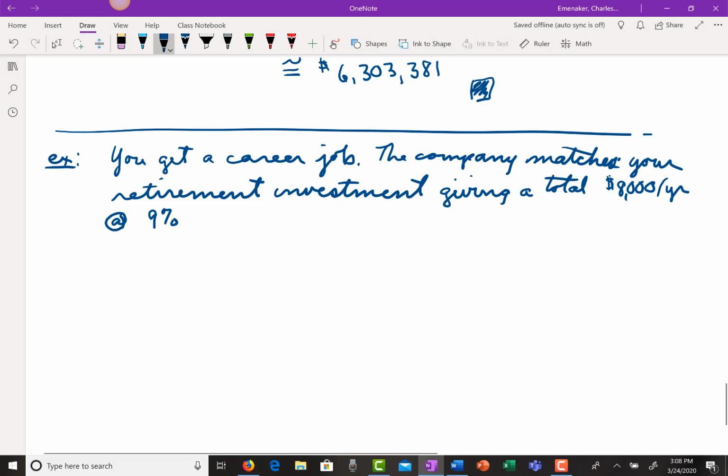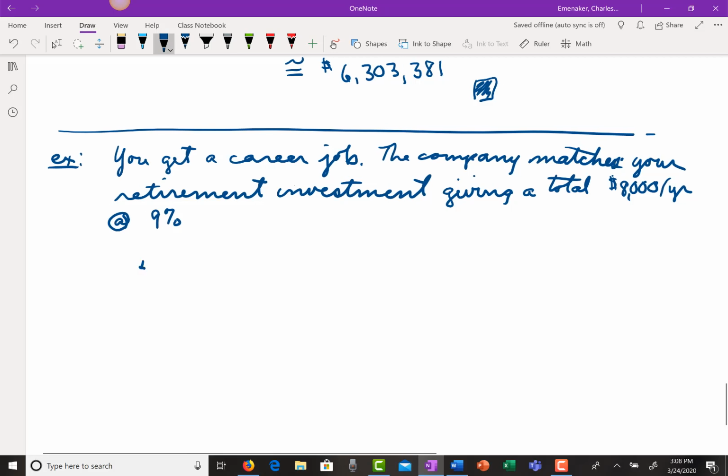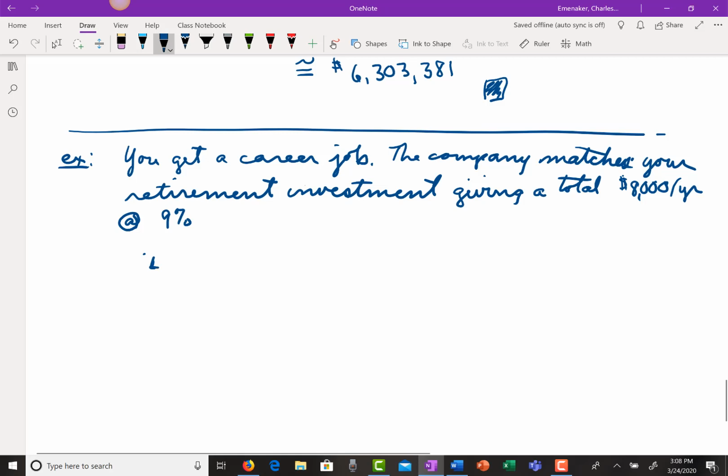First, we're going to look at how much would it be if you just did it once a year. Okay? So the first way we're going to compute this is as once a year. Because that's pretty straightforward to do. And let's say once a year you're going to drop in this $8,000. And let's say you work for 35 years.